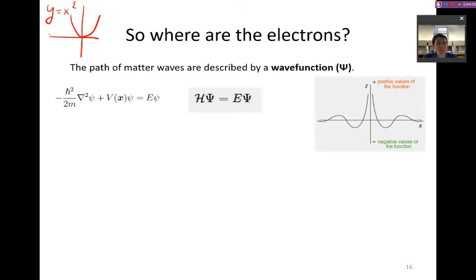This is actually a simplified version of the mathematics that he did, and this side of the equation right here is this H. This H stands for Hamiltonian.